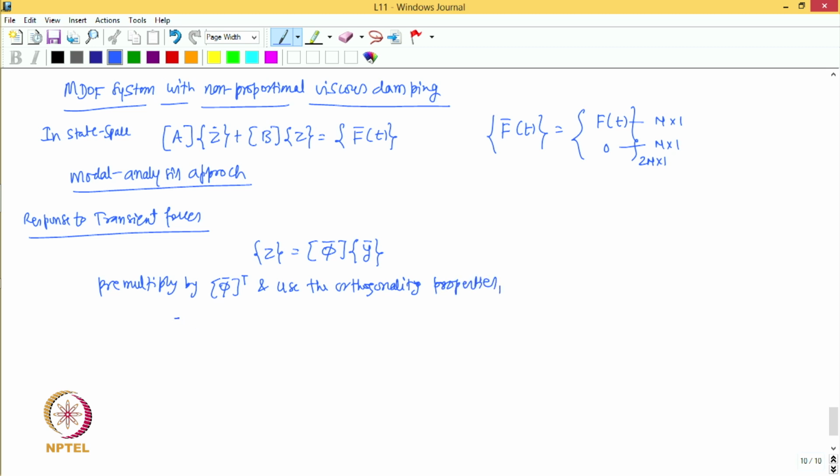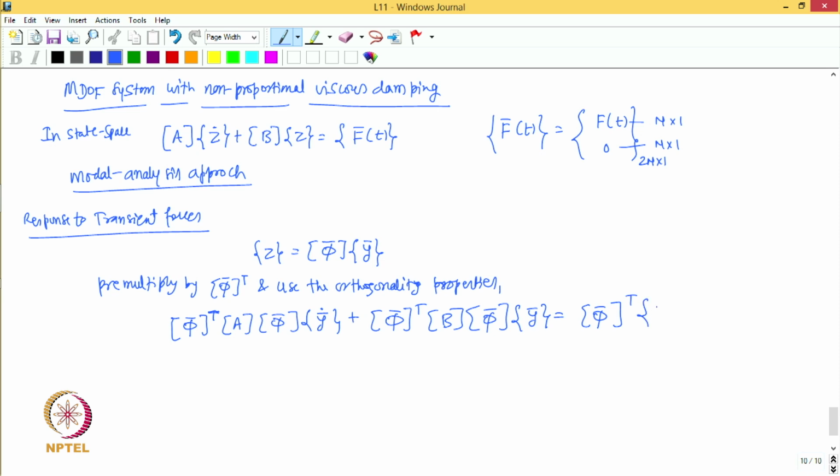So, what are we going to get? We would get phi bar transpose A phi bar y bar dot plus phi bar transpose B phi bar y bar is equal to phi bar transpose F bar t.